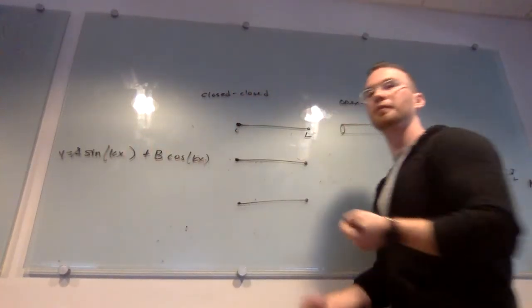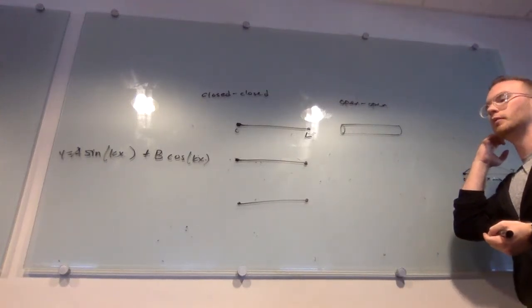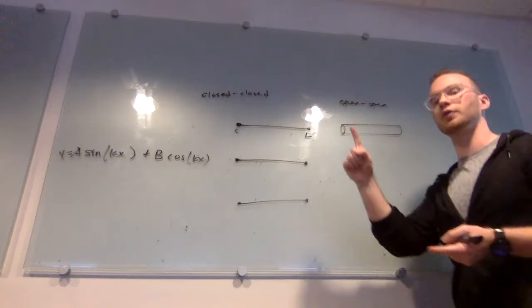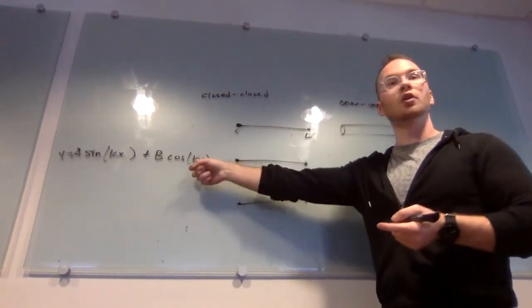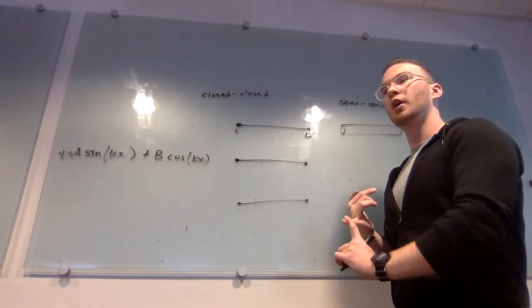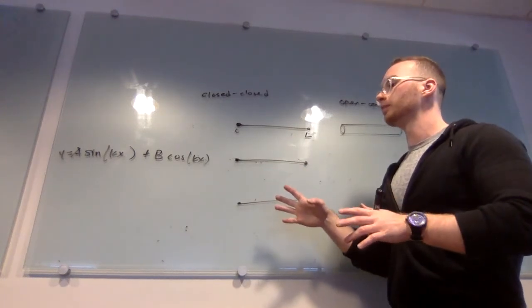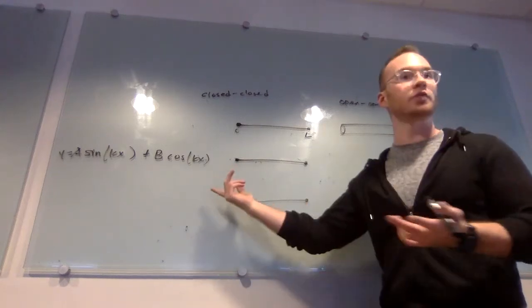So remember, one of the forms of going from an exponential to a trig expression is this. There was the way where you could put it all in a cosine with a phase, and there was a way you could put it all in sines and cosines, and then there was this way.